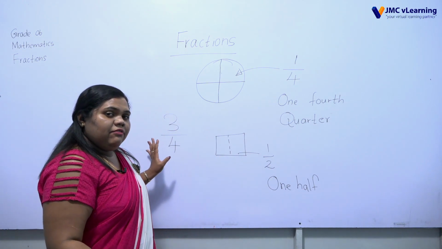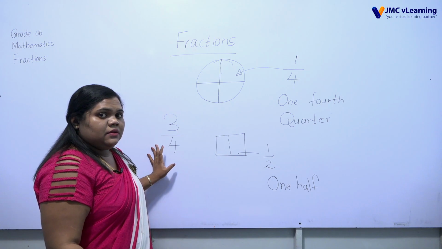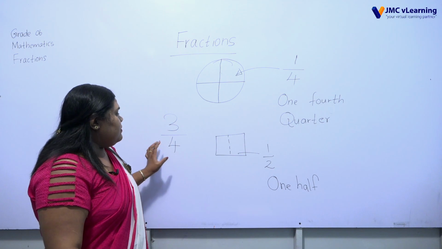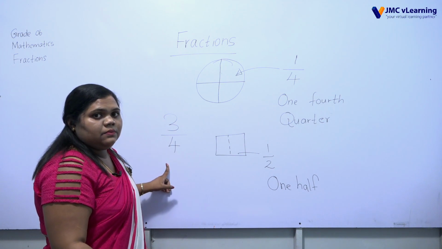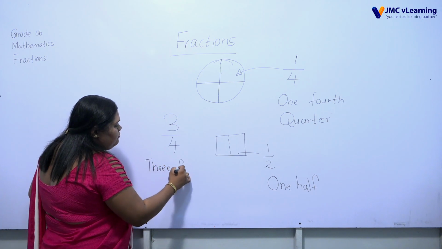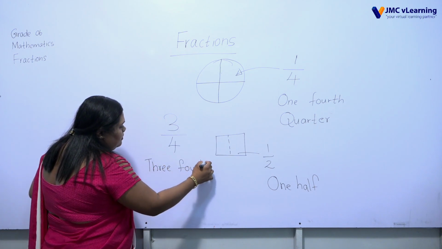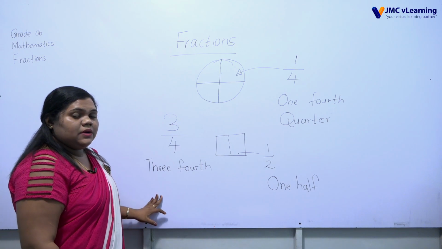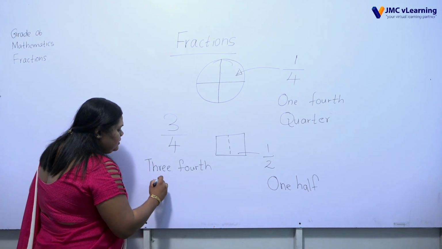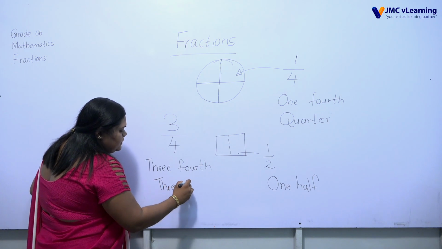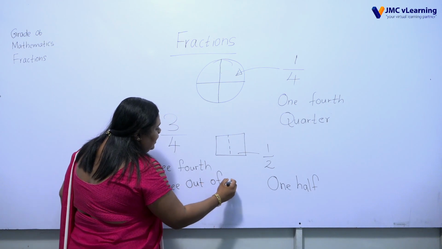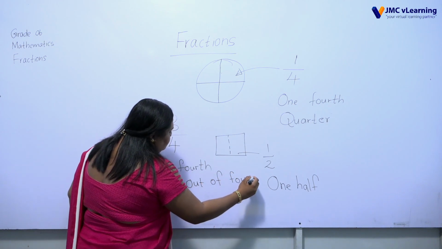So how can we read this one? We can read this as 3/4. Or we can call this one 3 out of 4.